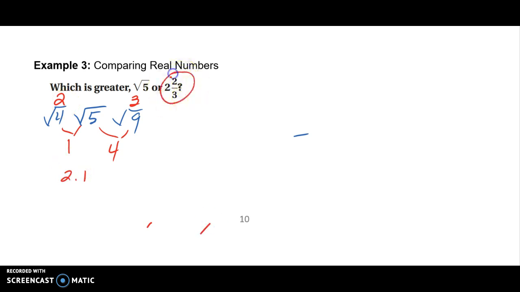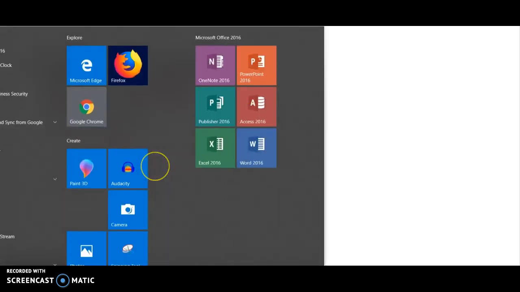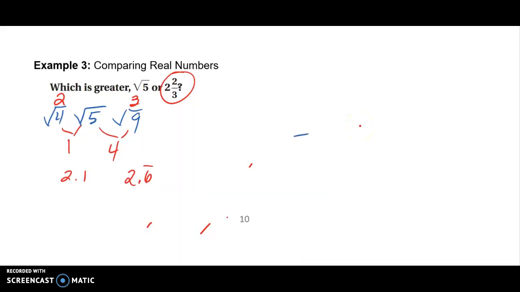Now, if you have a pretty good knowledge of fractions, you can convert 2 2/3 into a decimal so you can easily compare. 2/3 is a repeating decimal, so it's 2.6 repeating. Therefore, I can clearly see that the square root of 5 is less than 2 2/3, or you could say 2 2/3 is greater than the square root of 5.